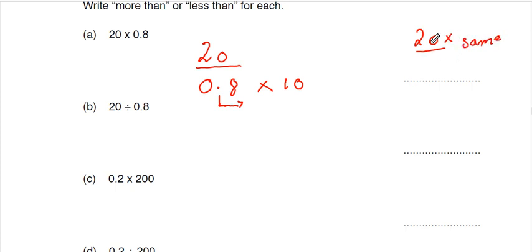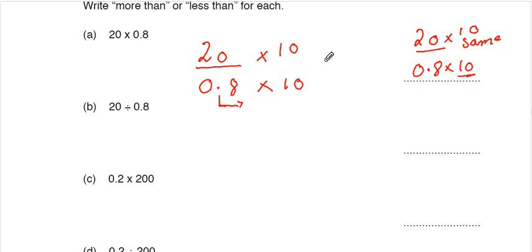Whenever you multiply a number in the denominator, you have to do the same thing for the numerator. So the same thing we are doing over here. Look, I multiplied this 0.08 by 10. The same thing I have to do in the top number.